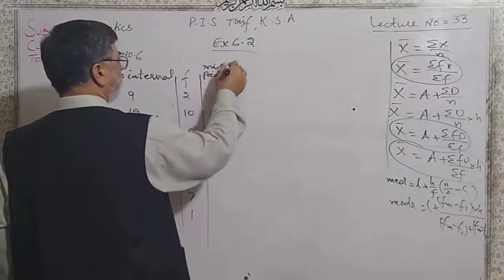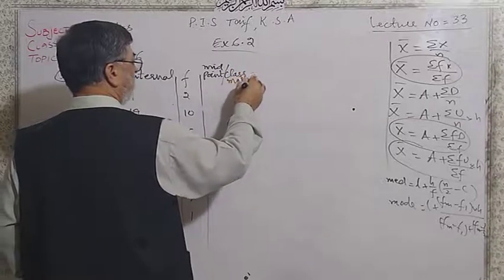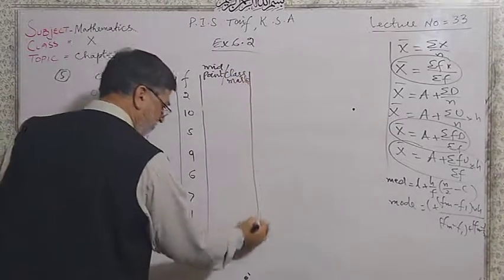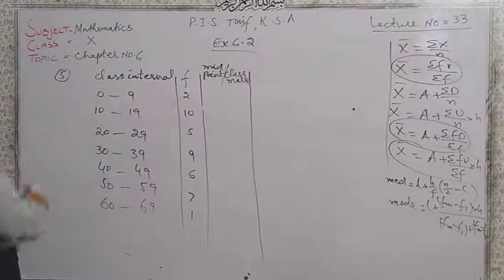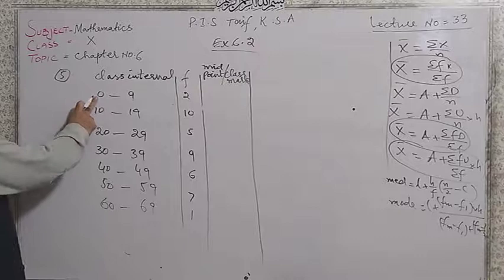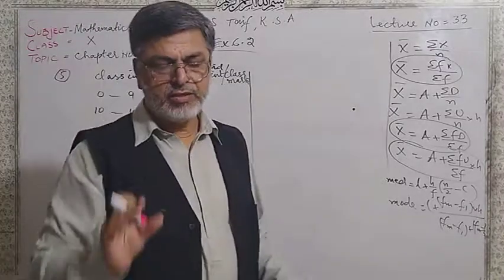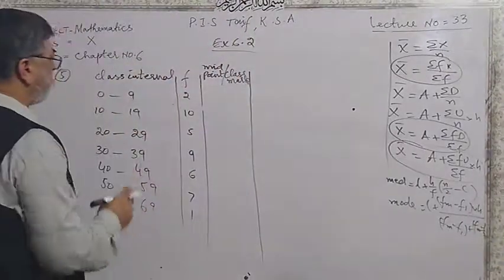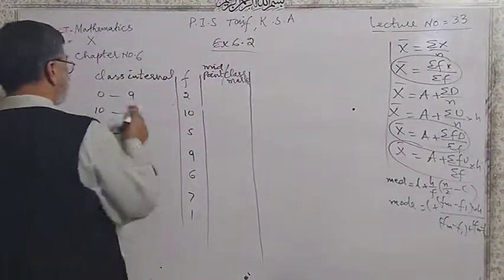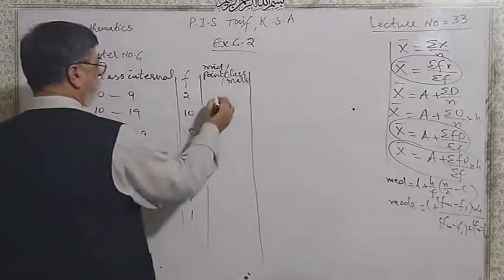Remember that this is known as midpoint or class marked. So midpoint of this number, you will add lower class limit and upper class limit and divide by 2. So 0 plus 9, 9 over 2 is 4.5.